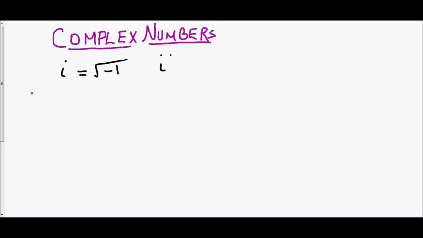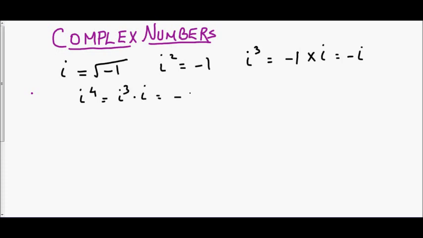So i square would be -1, and i cube would be -1 times i, which is minus i. So i to the power of 4, I can take it as i cube times i, which means negative i times i, which is negative i square, and we know that i square is -1, so negative i square is +1.